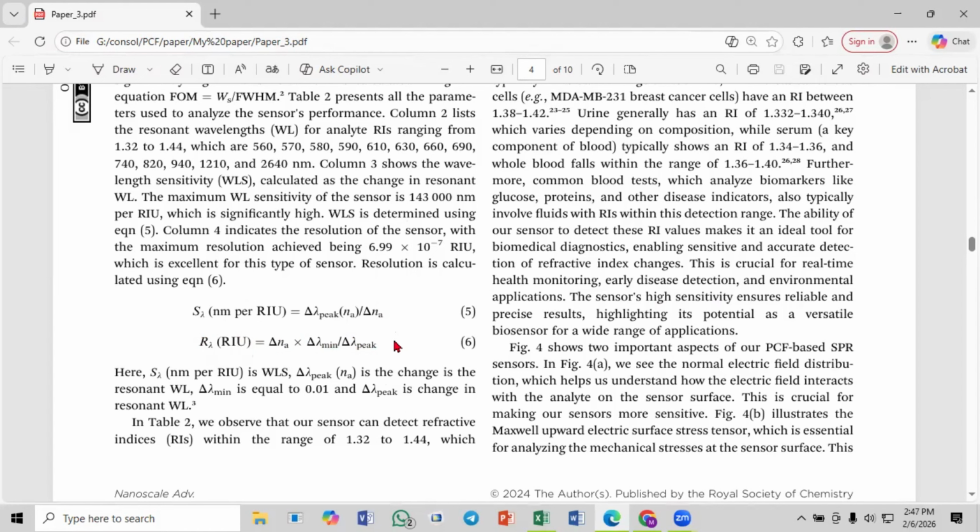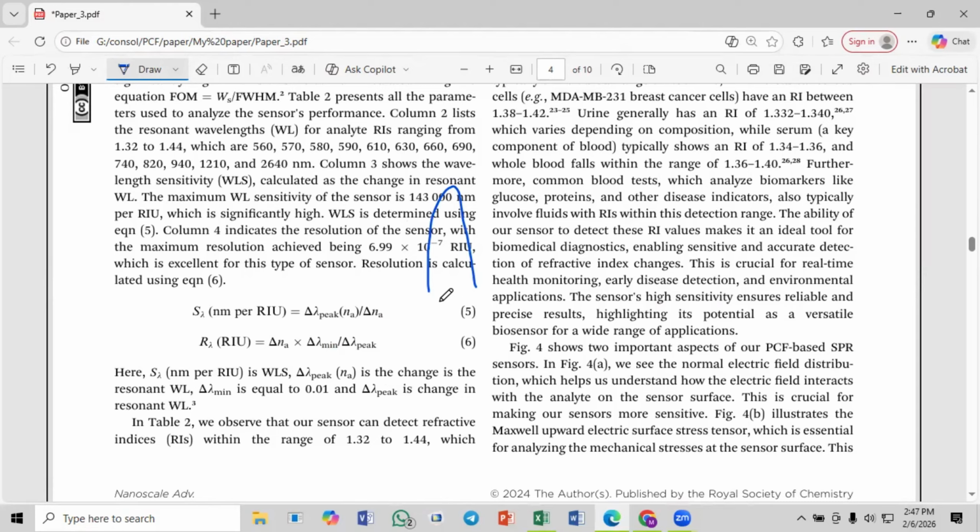So what is the resolution of a sensor? You can see that this is, for example, the curve of 1.41, and this is the curve of maybe 1.42, and there is some difference between these two peaks, right?